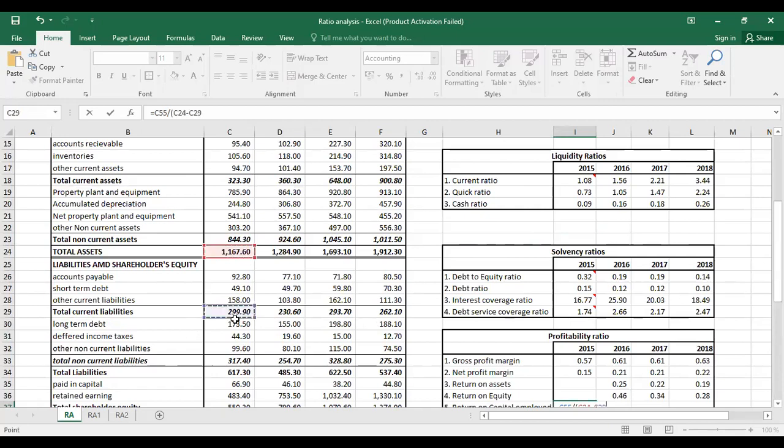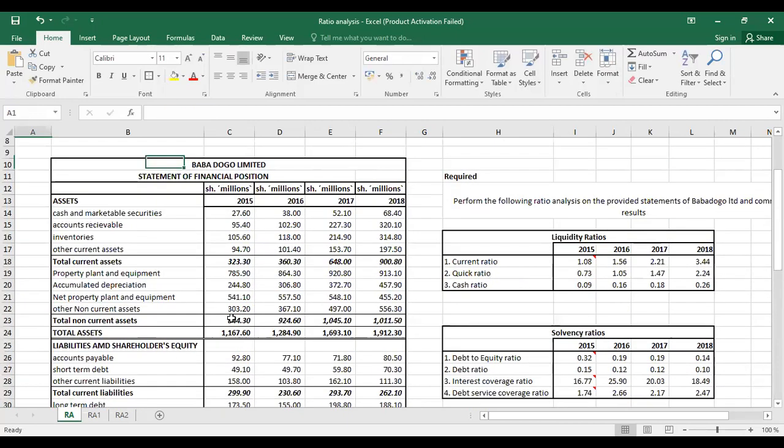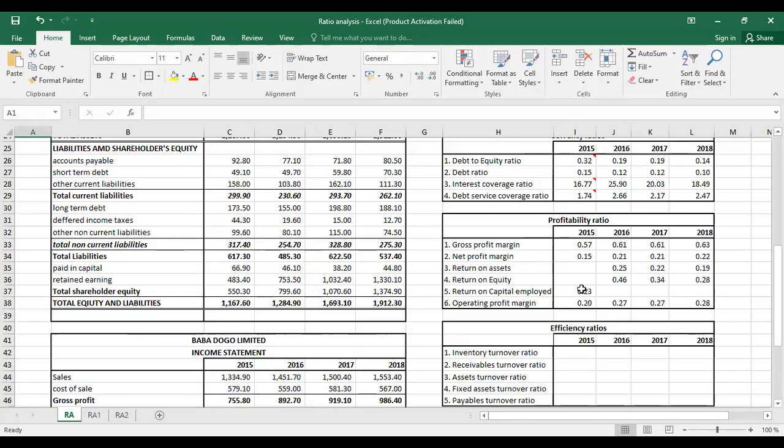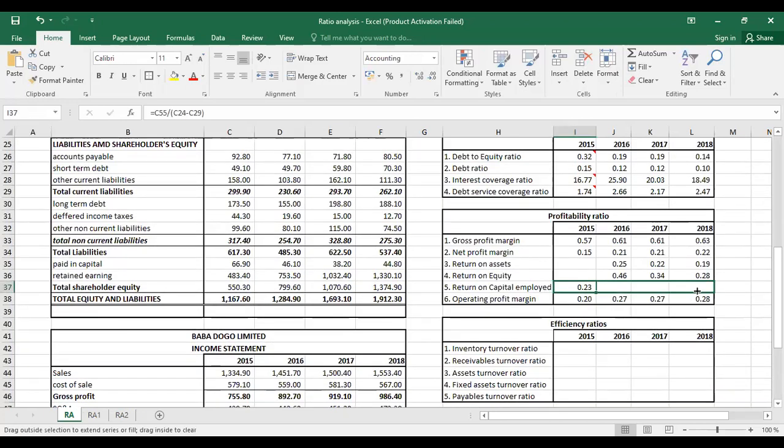Then you close your brackets, Control Enter, Control Backspace, Control Backspace. So it has already gone to home. Then you just drag. For the capital employed, Alt-HBN to remove the borders there, then I can put in a good T border that way.